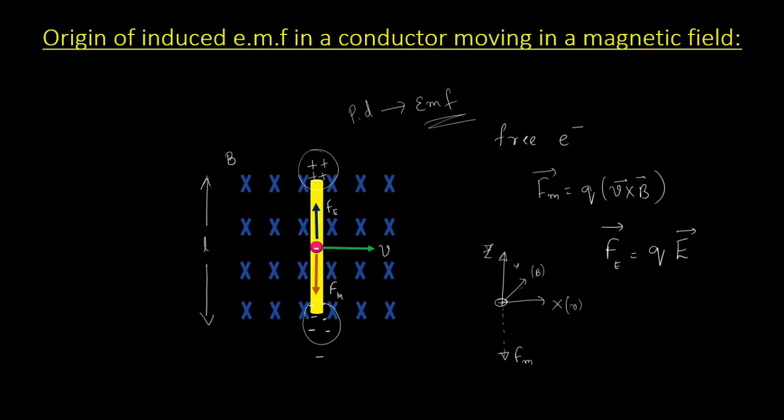Okay, so let us first try to understand what is EMF. You must be knowing EMF. EMF stands for electromotive force. What is electromotive force? If there is a conductor, of course it will have electric charges.